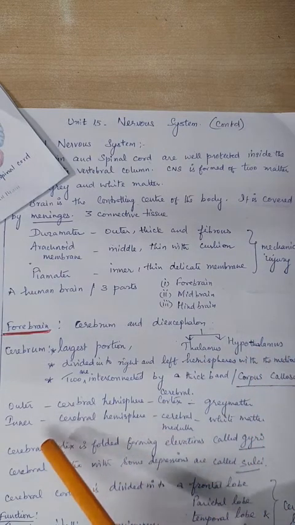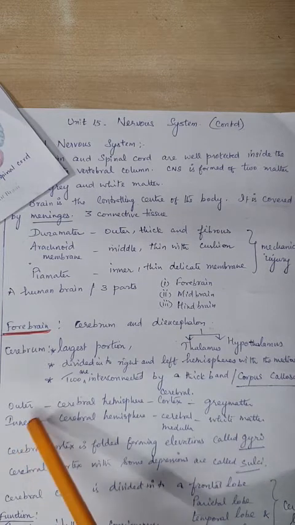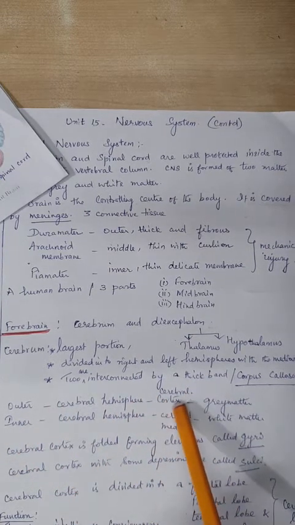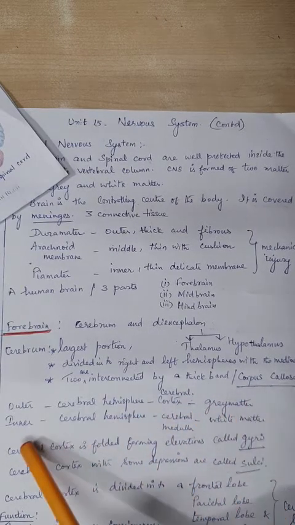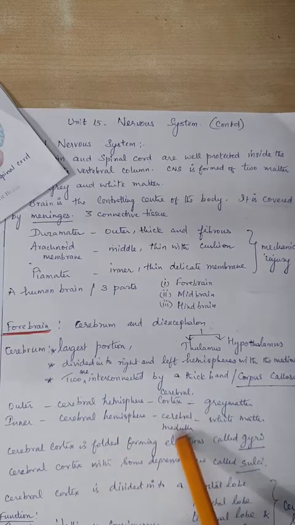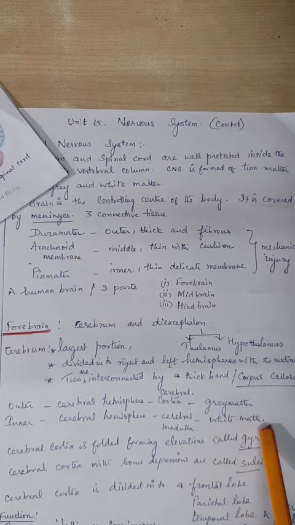Okay, the cerebrum has two parts, outer and inner. The outer part of the cerebral hemisphere is otherwise called cerebral cortex. It is made up of gray matter. The inner part is called cerebral medulla and it is made up of white matter.